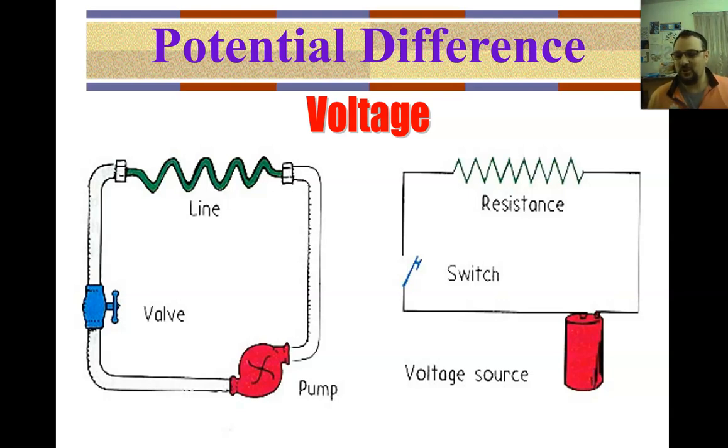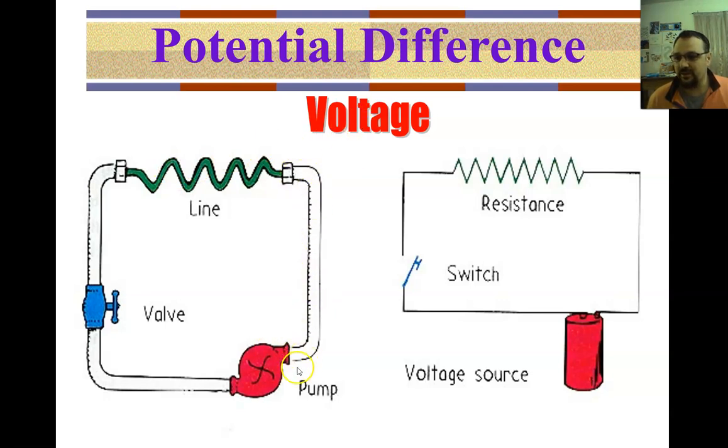All right? So again, focusing on this idea of using water as an analogy, I have right here a little water system like what maybe somebody has in their house if they have a well. We have a pump, we have a valve, we have a water pipe, and the water pipe gets kind of narrow right here. Maybe it's going to a faucet or something like that, or maybe going to something even smaller, just a small hose.